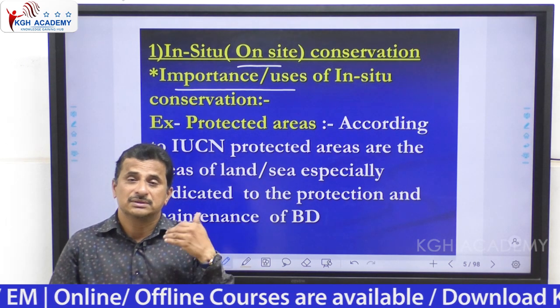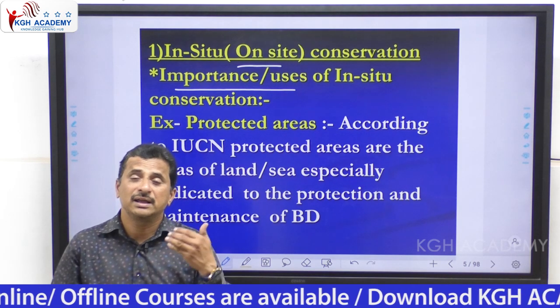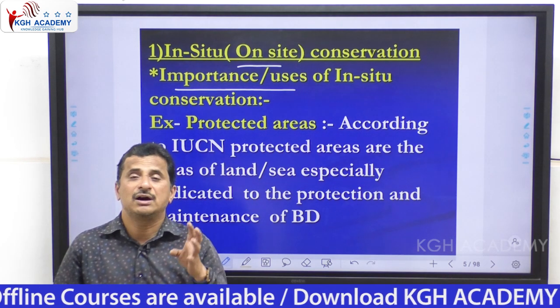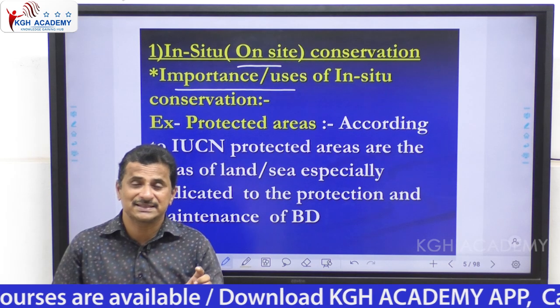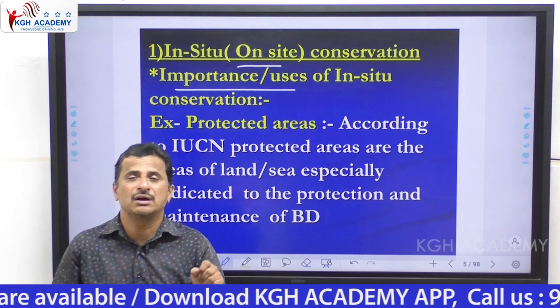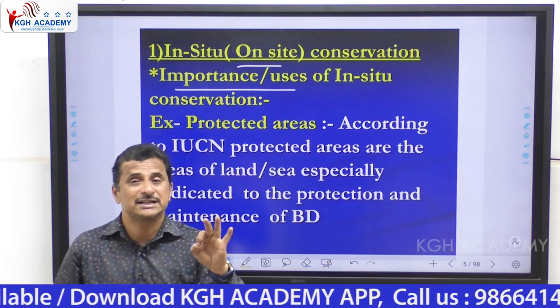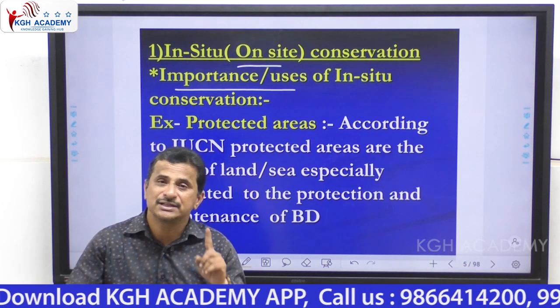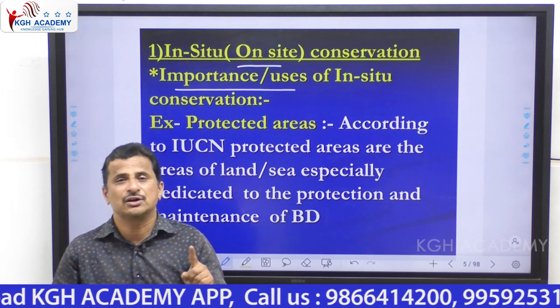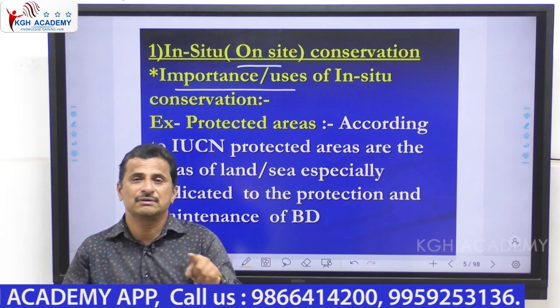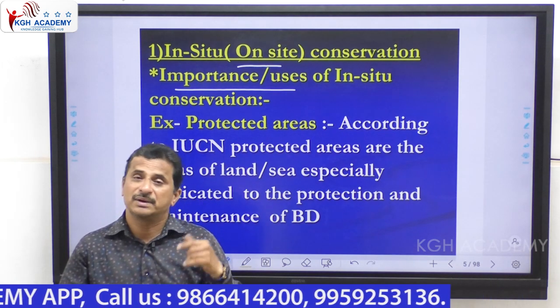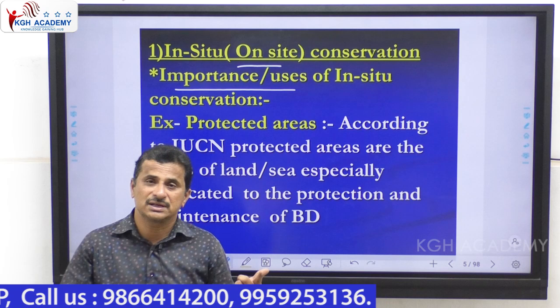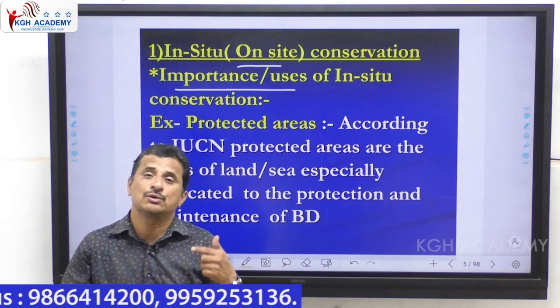Organisms also withstand and resist all environment-related changes. In ex-situ conservation, it is not possible to survive in new areas, but in in-situ conservation, organisms grow in their own area.